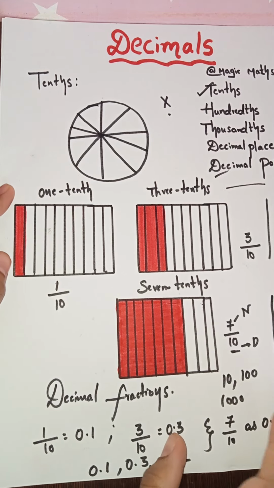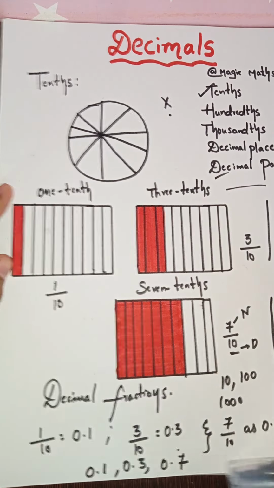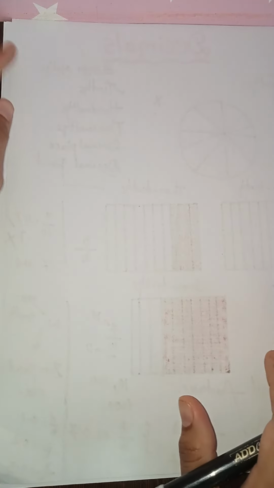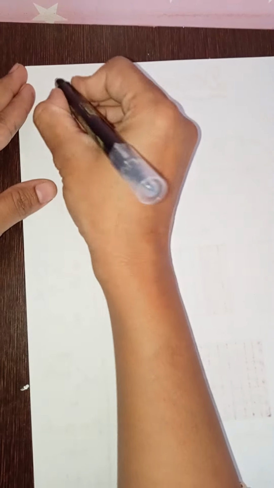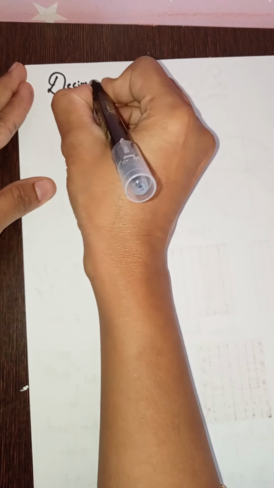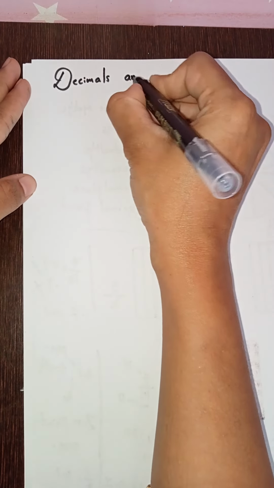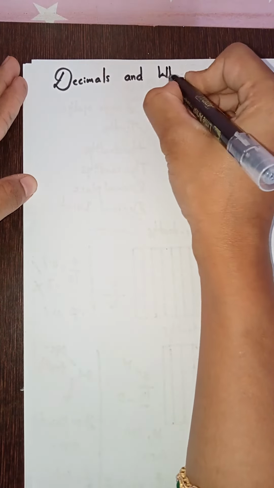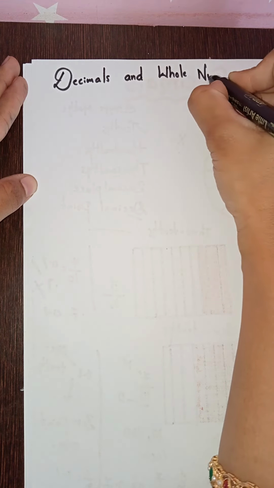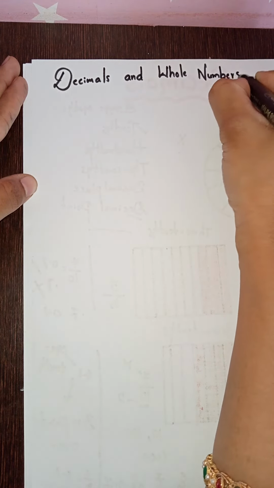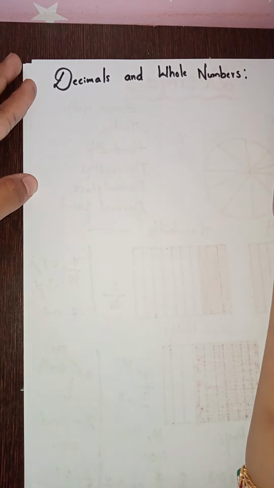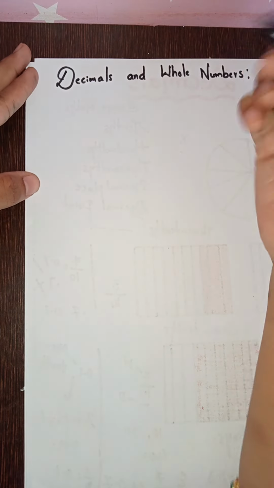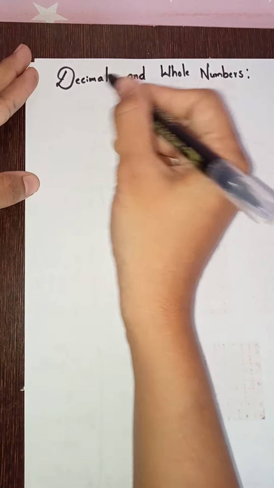Now let's see decimals and whole numbers. Whole numbers can also be written using a decimal point.